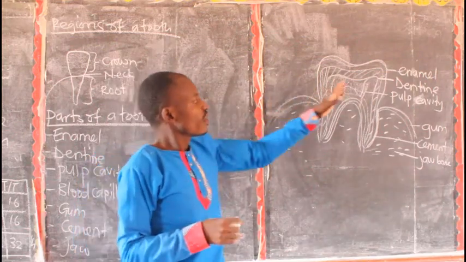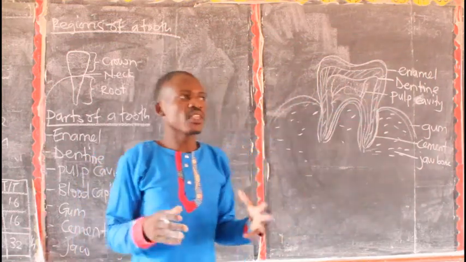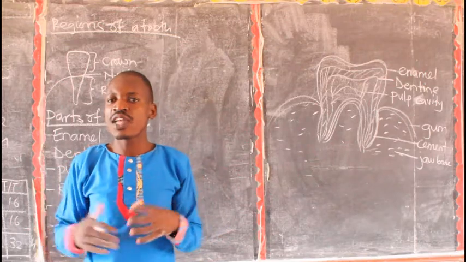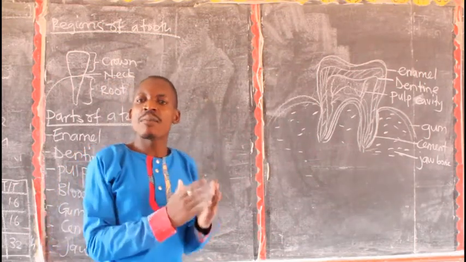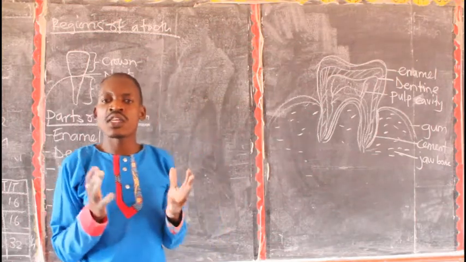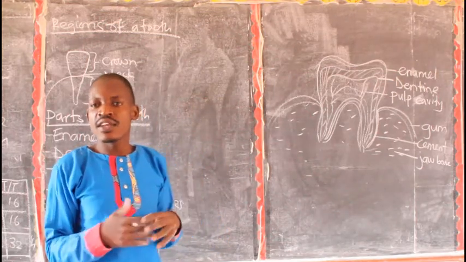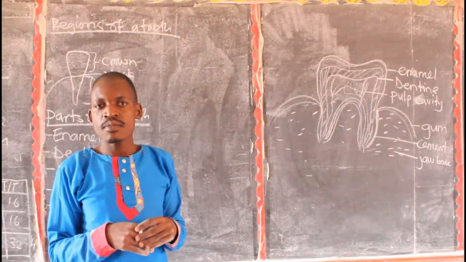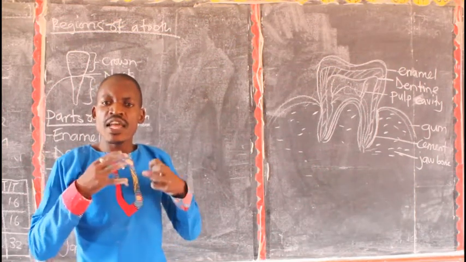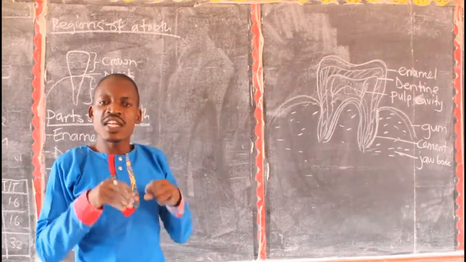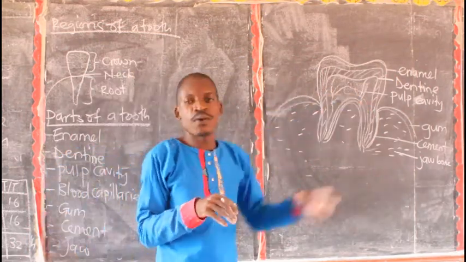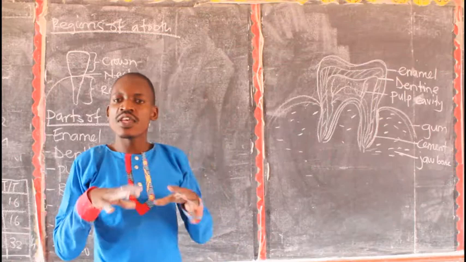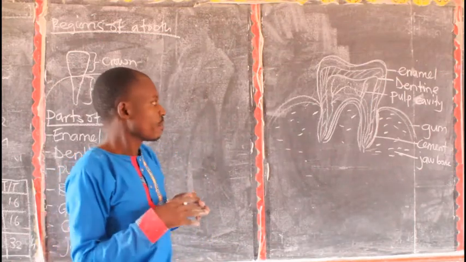So this pulp cavity is sometimes referred to as the living part of the tooth. Why do they call it the living part of the tooth? Because it contains nerves and blood vessels. For you to begin feeling pain in the tooth, it means that bacteria have entered and reached the pulp cavity, because it's the living part of the tooth.